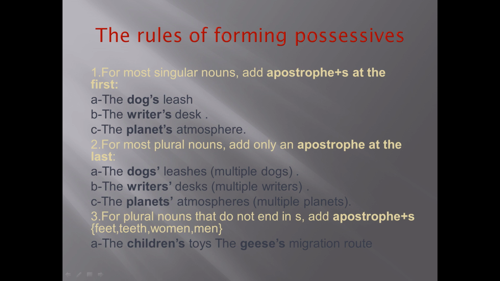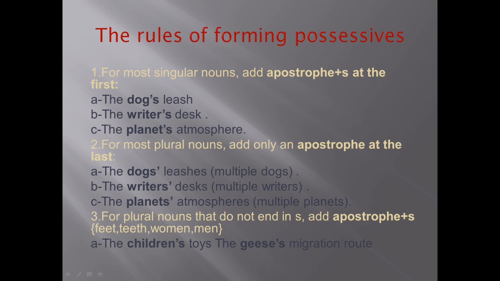So here, instead of putting the apostrophe before the S, I will put it after the S. The dogs' leashes, because I have multiple dogs. In example B, the writers' desks, many writers here, multiple writers, so the apostrophe will come at the end. The planets' atmospheres, if I'm talking about multiple planets.